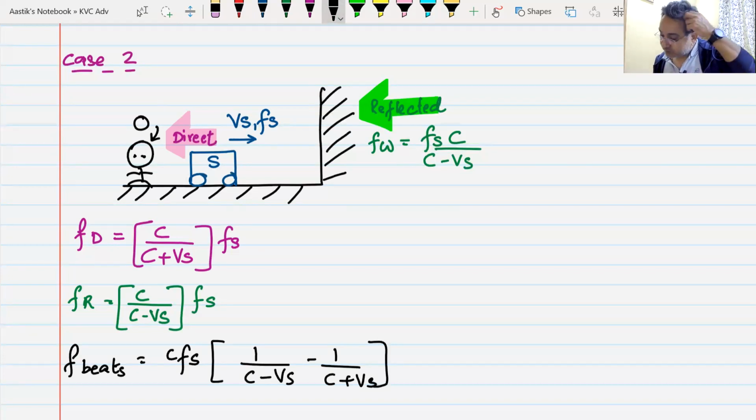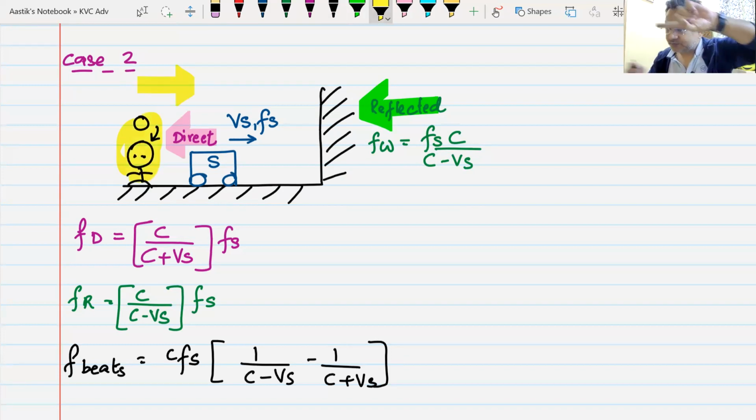So this is the most difficult case which can come. I don't think it can come in JEE Main. It can only come in JEE Advanced. I can make this case more different by placing this observer. This observer can also start to move, like this, or like this.